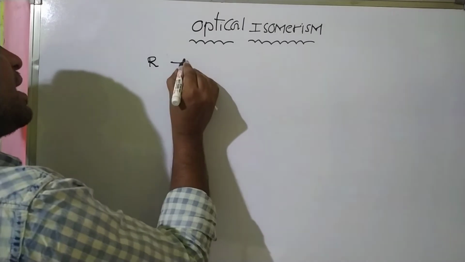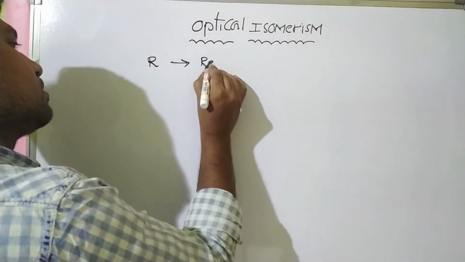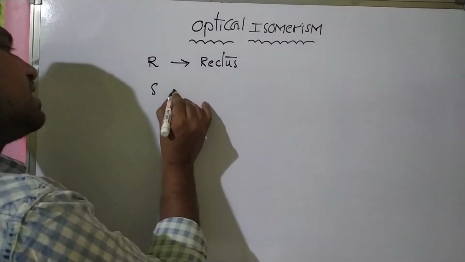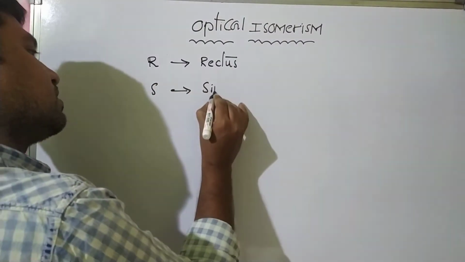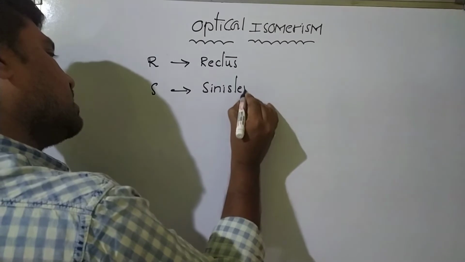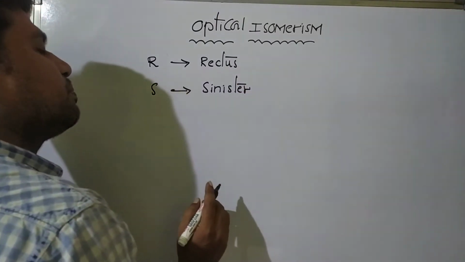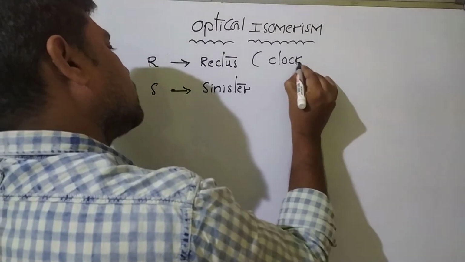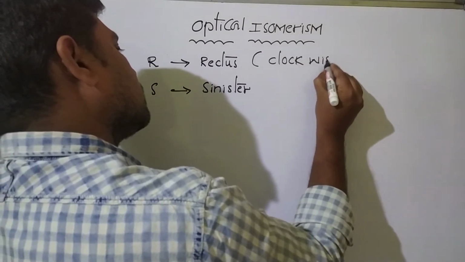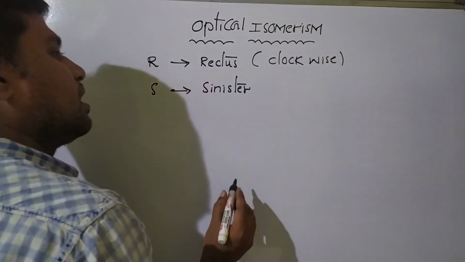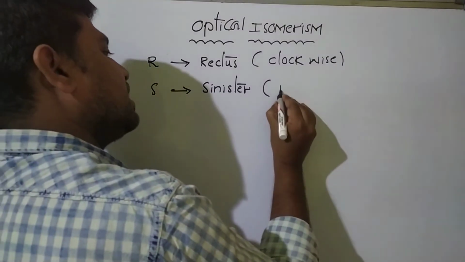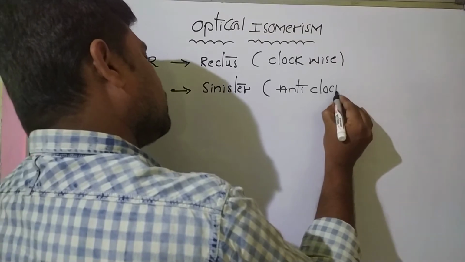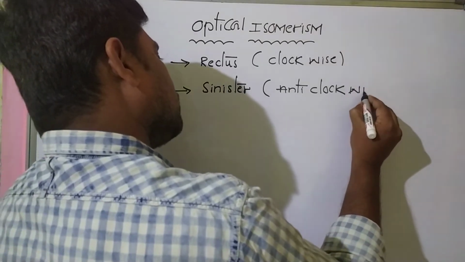R means rectus, and S means sinister. So rectus means clockwise, and sinister means anti-clockwise. Okay, students.